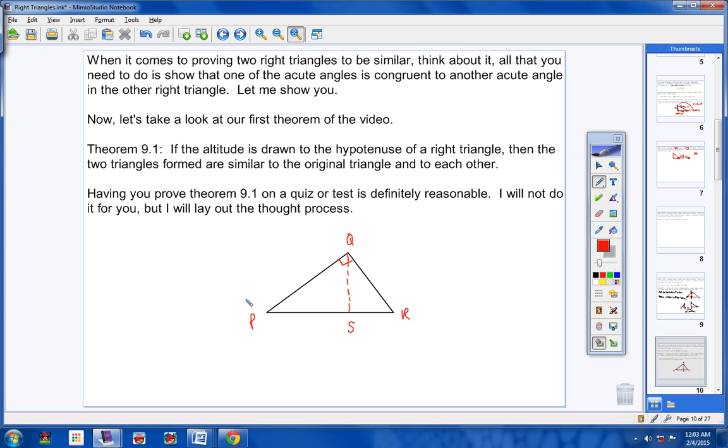Now, I want you to label some angles with numbers, and please do this very carefully, okay? 3, 2, angle 1 right here, and I'm going to call this angle 4 right over here, right there.